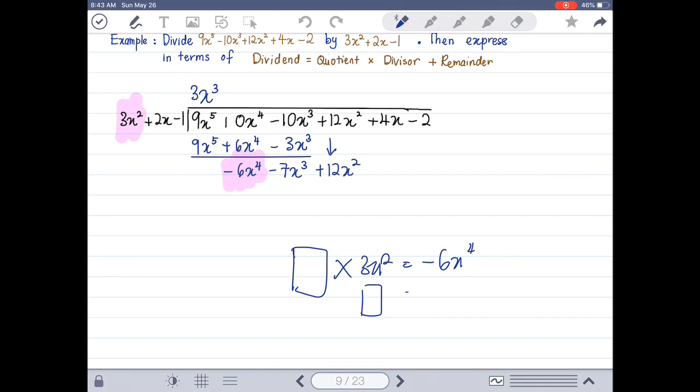So that what is just equal to negative 6x to the power of 4 divided by 3x squared. Negative, positive, negative. 6 divided by 3 is 2, and the x will be x squared. So our what is negative 2x squared.